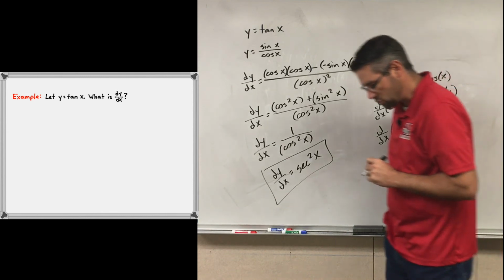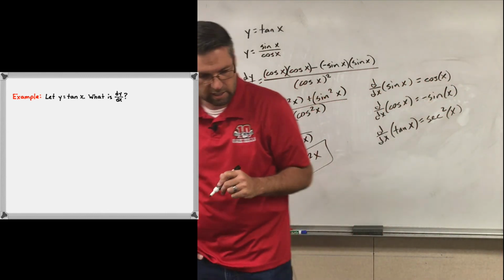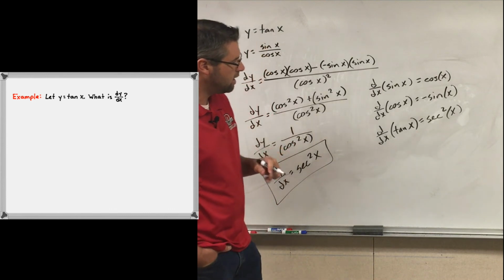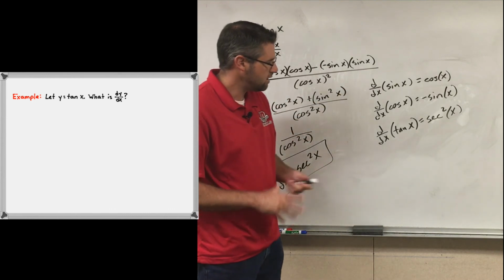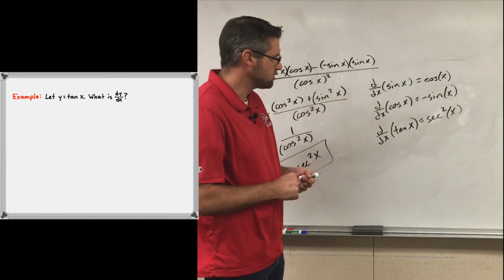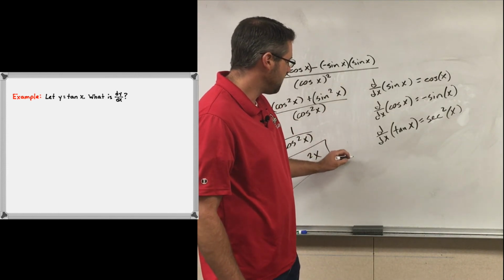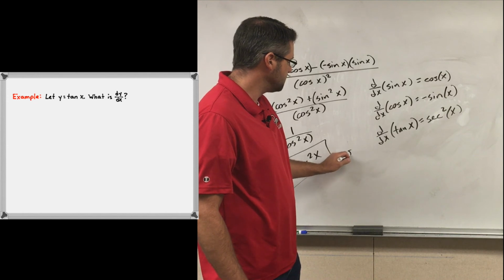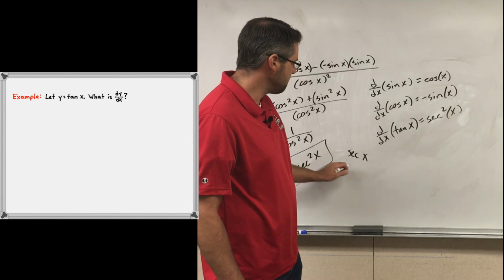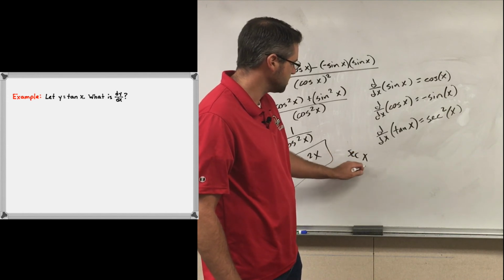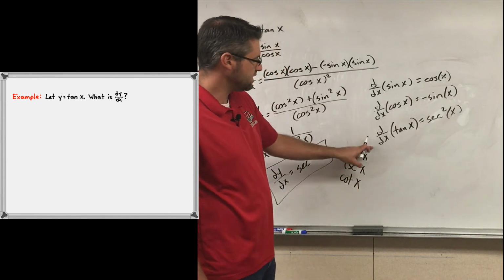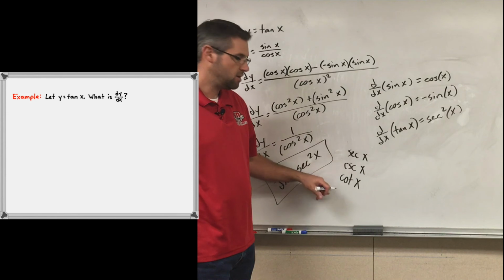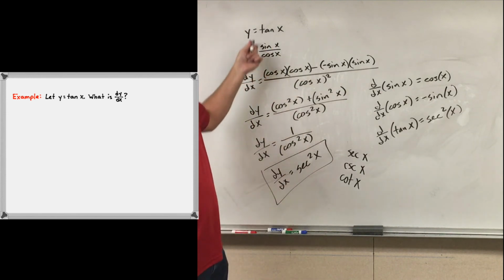So those are the first three trig functions you learned way back in Math 2 or geometry, and these are the first three derivatives that we learn, and we are going to build off of that because our next step is going to be, okay, find the derivative of secant, find the derivative of cosecant, and find the derivative of cotangent. From these, we can derive these by rewriting them like this.